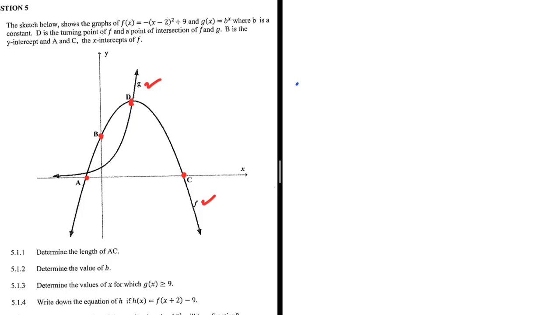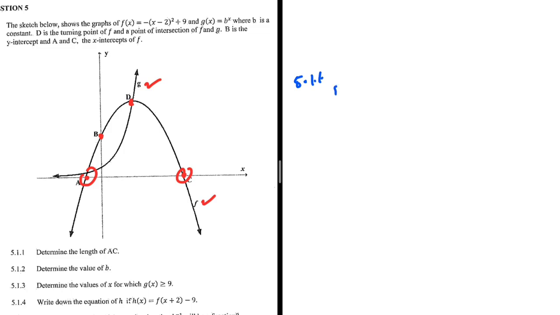And then the first equation, 5.1.1, determine the length AC. Like we've already said, A and C are the x-intercepts of f of x. So before we can even get to calculating the length of AC, let's determine the x-coordinates at A and C.